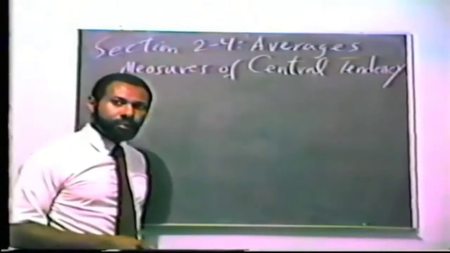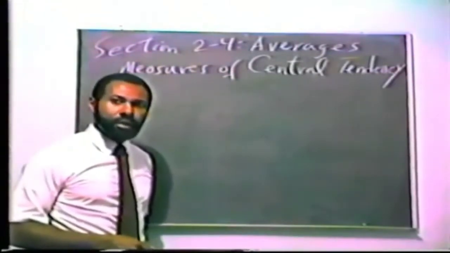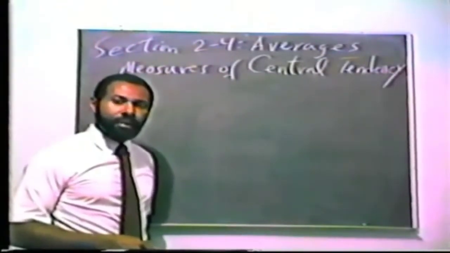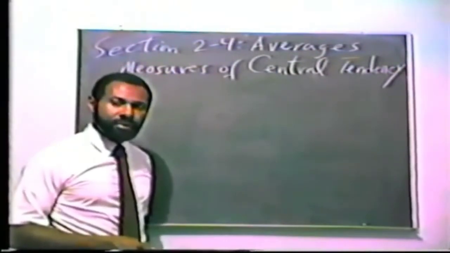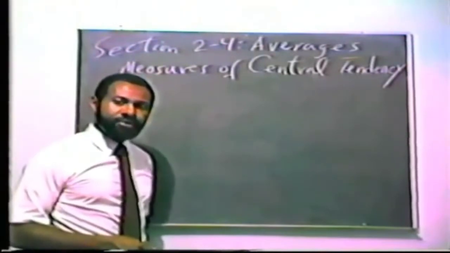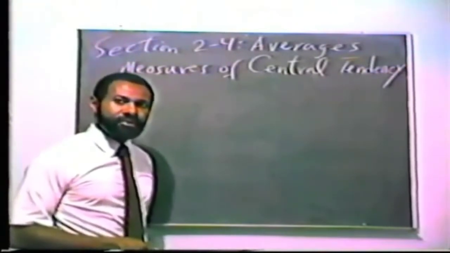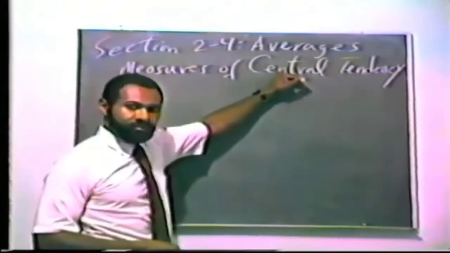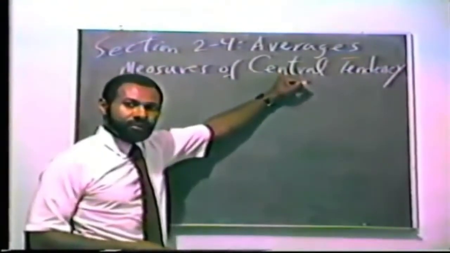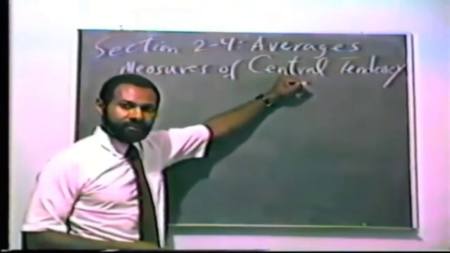Essentially, what we're doing when we're trying to find an average is trying to find a number that we can use to describe an entire data set. This number is more or less a center or central point of the data set.